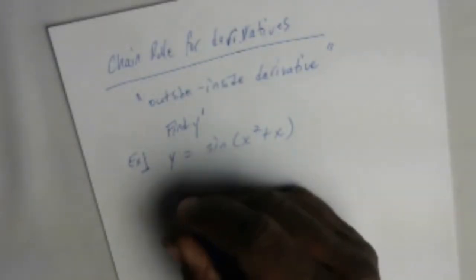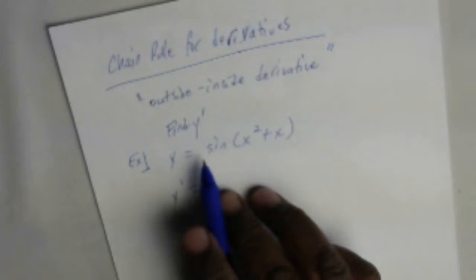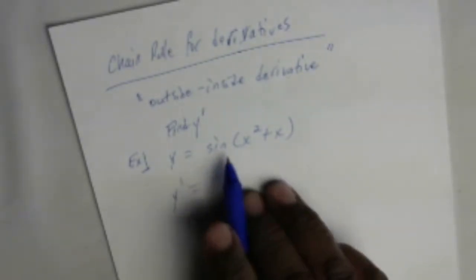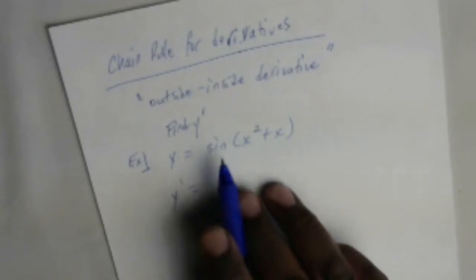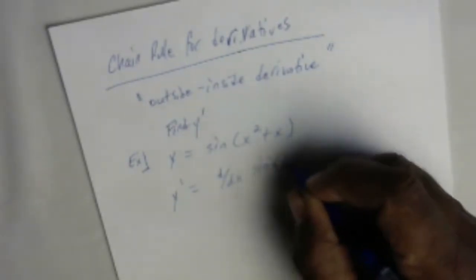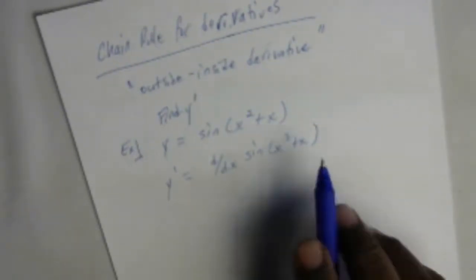All right, so if I want to find y prime, I'm going to take the derivative of both sides of my equation. The derivative of y is y prime. For the derivative of sine of x squared plus x, I'm going to take my outside derivative.